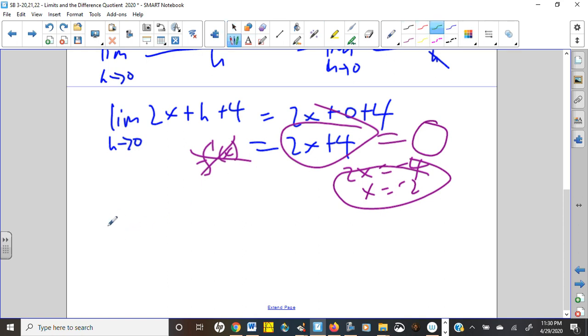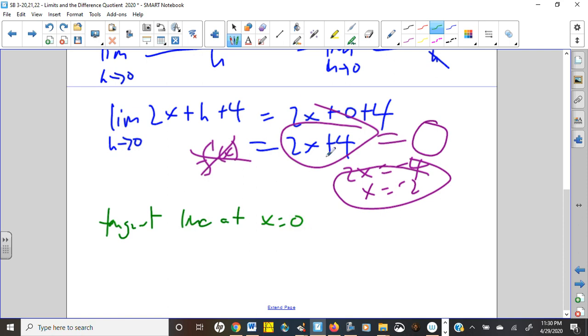So let's say I'm interested in the tangent line at x equals 0. So normally I have to plug a 0 in for a and do the difference quotient and get the slope. And then I can use that slope to find the equation of the line.